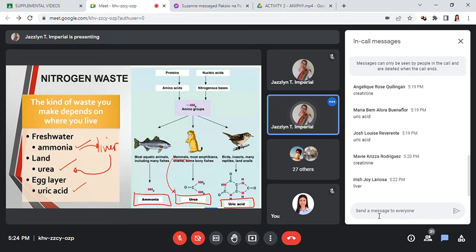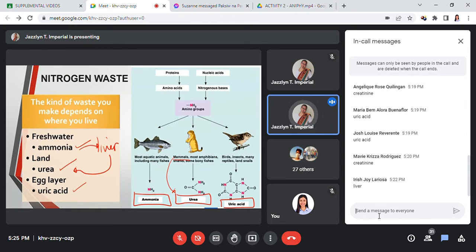It filters out the waste from your blood because your kidneys don't work properly anymore. Okay? So kaya dapat talaga guys, other than maintaining a healthy diet, just imagine also your habit of excretion.